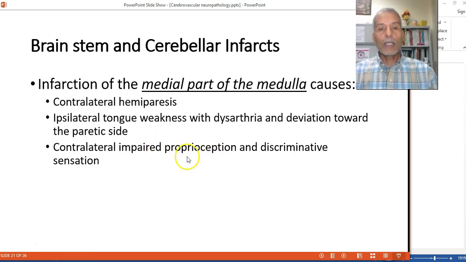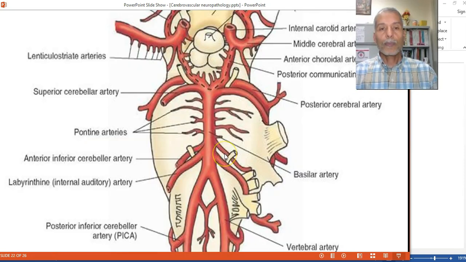So that is going to be impaired, and the person will have difficulty feeling their body in space and the organs of the body as moving. But the damage will be contralateral.